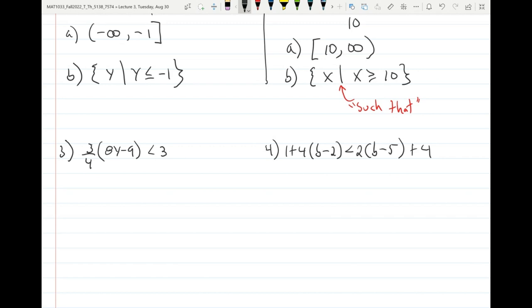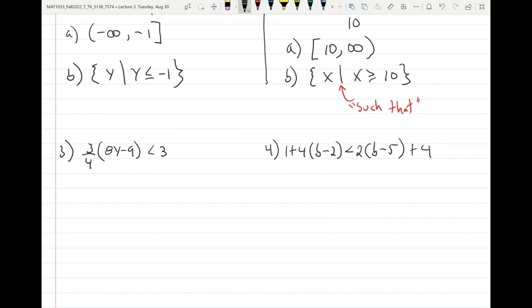Okay? So let's get rid of the 4. And how did we do that last time? We multiply by the LCD, which in this case is just 4, right? Or another way to look at it is this 4 really just divided this part right here. So just move it over here and multiply. Does that make sense?